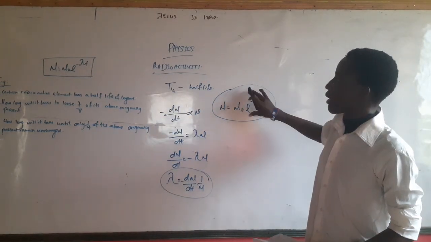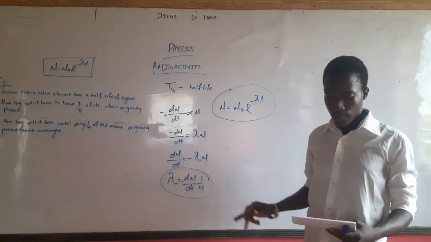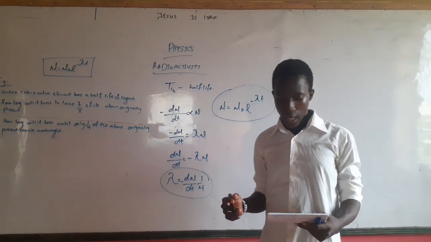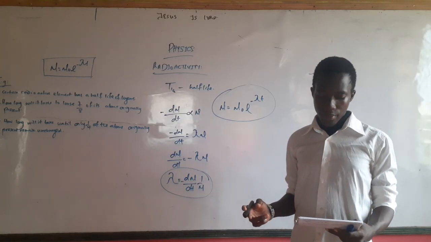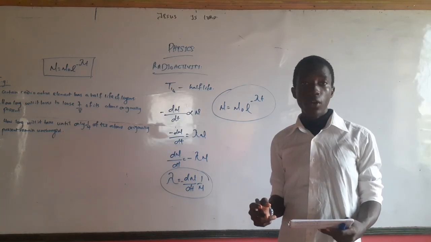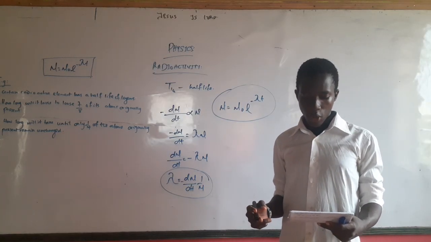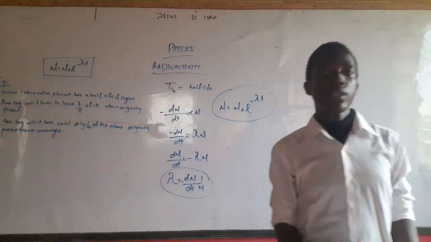So let's have this in mind. Now what is N0? N0 is the number of atoms present at time t equals 0, i.e., at the time when observation of decay began. And N is the number of atoms present at time t. So let's speak on this.